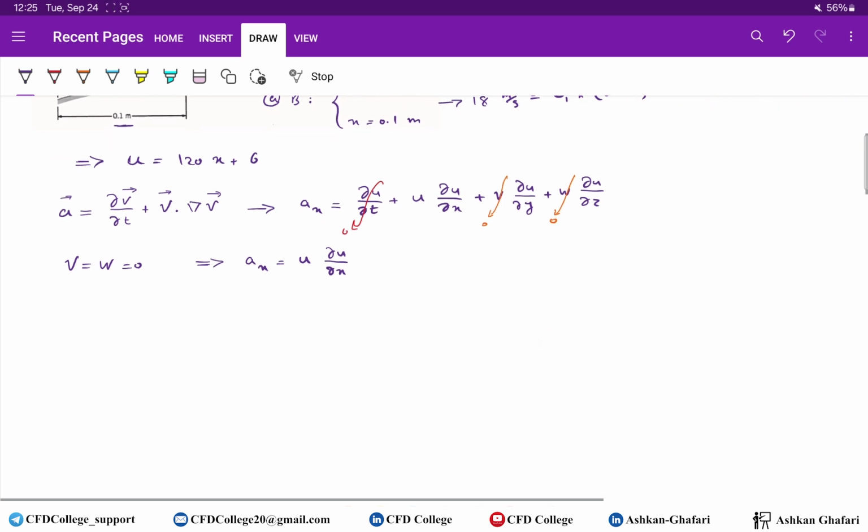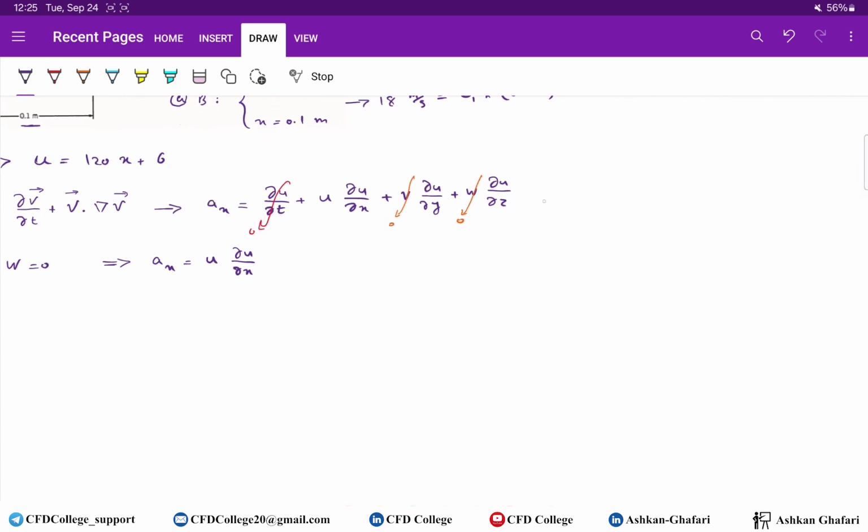And if you want to write the equation, see here, for example, ay equals delta v over delta t.